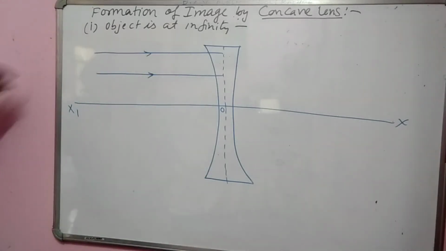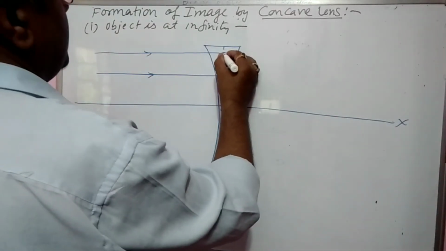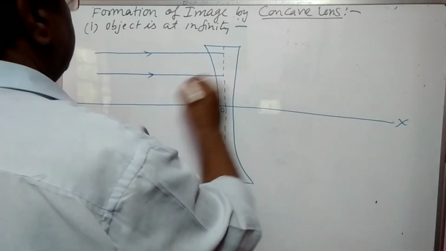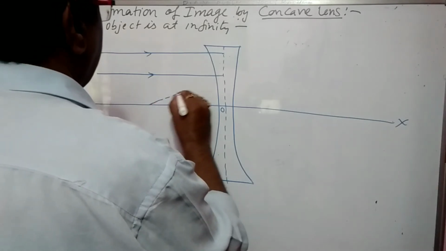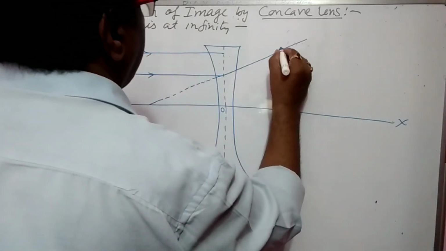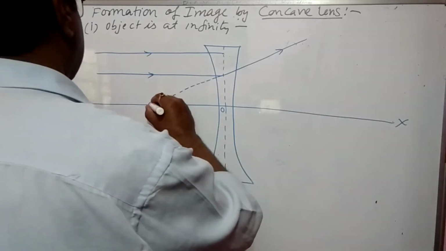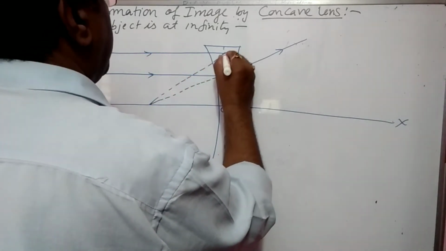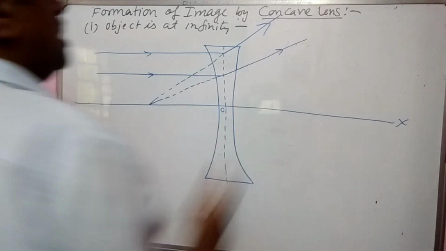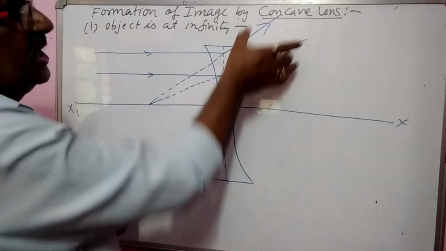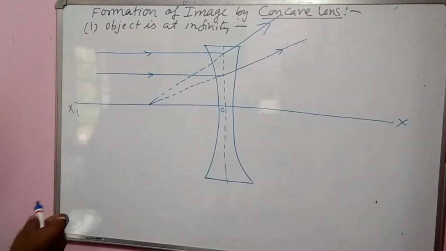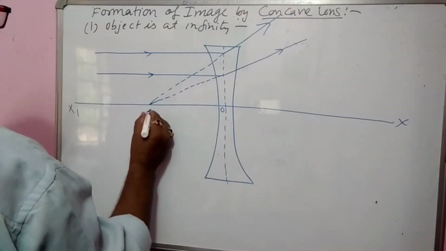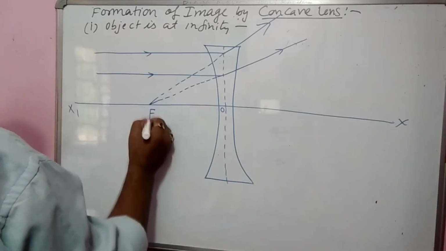As it is a diverging lens, the rays will diverge along this direction. So these two will not meet there, and by proceeding them in the backward direction, we will get the image.